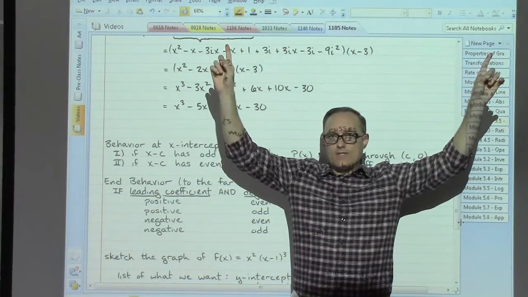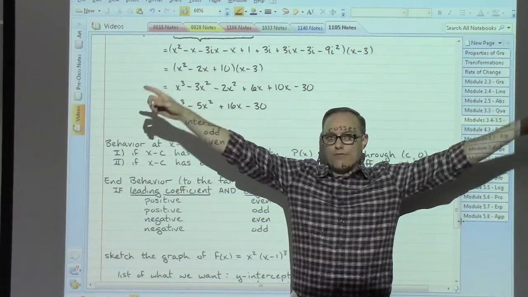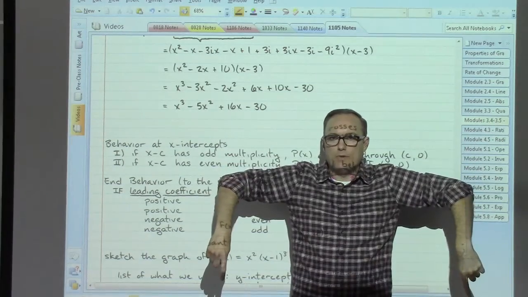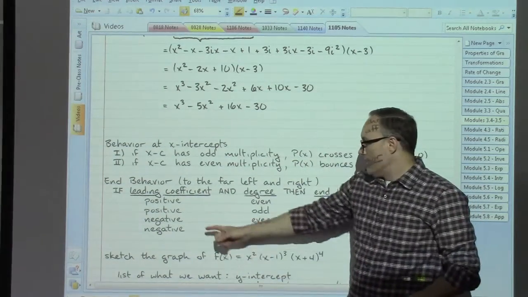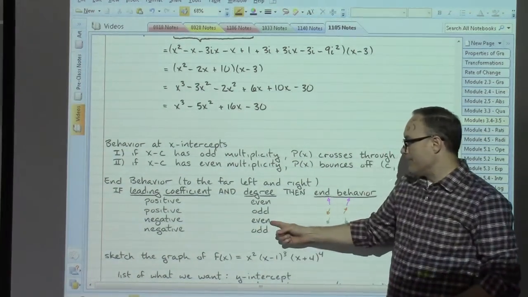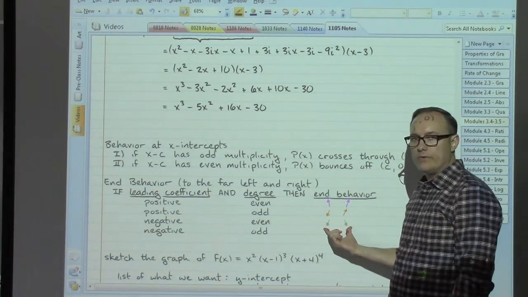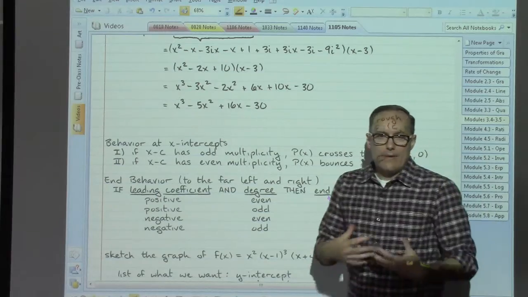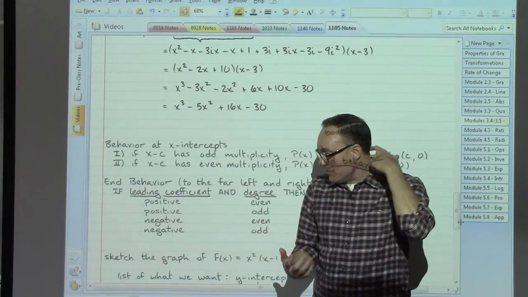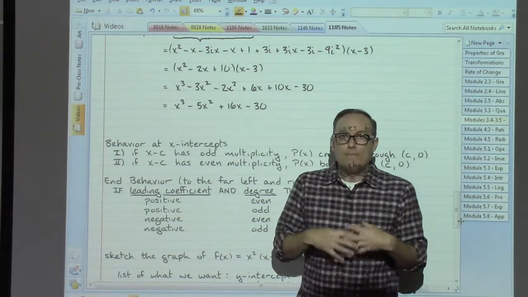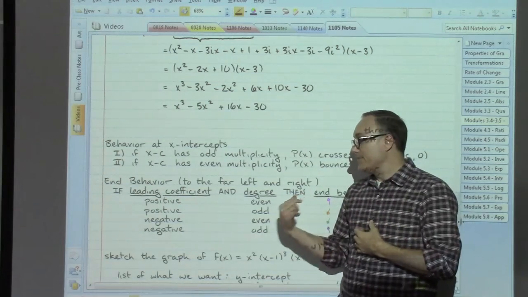If it's a negative leading coefficient, that's going to pop those downward instead. So if the leading coefficient's negative and the degree is even, that's going to be both downward. Then we think about the line as the most basic version of an odd degree.